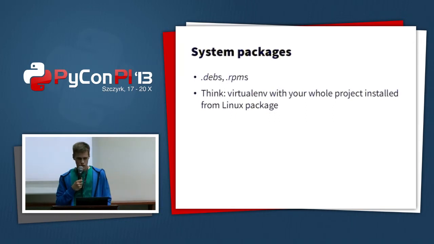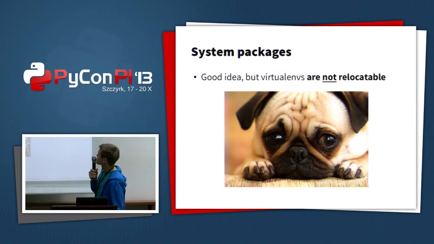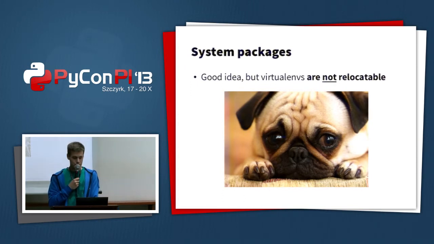So you could use some cool features of your distribution, like rollbacks, like ease of configuration with Puppet, with Chef, and so on. You could specify both system dependencies and Python dependencies, and build dependencies and runtime dependencies. It's really like a utopia. But virtualenvs are not relocatable. And it makes me really sad.